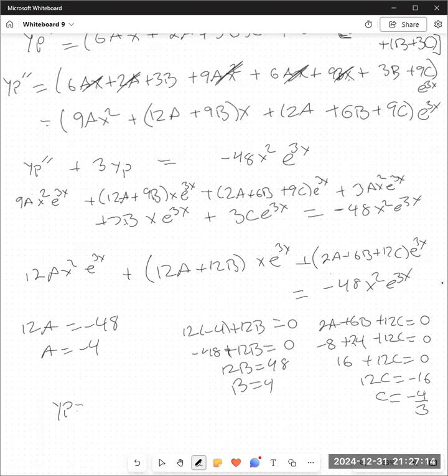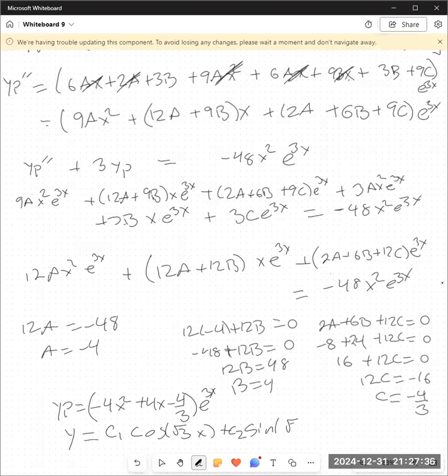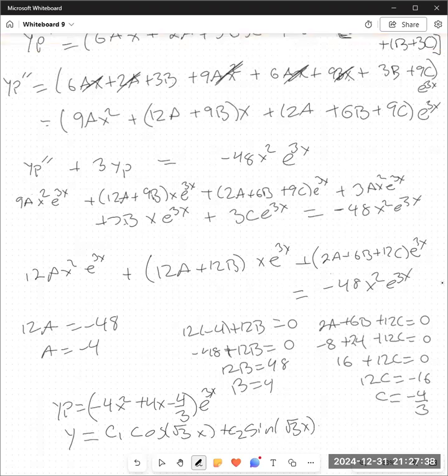So my yp is going to be negative 4x squared plus 4x minus 4/3, times e to the 3x, making my total y equal to c1 cosine of root 3x plus c2 sine of root 3x plus negative 4x squared plus 4x minus 4/3, times e to the 3x.